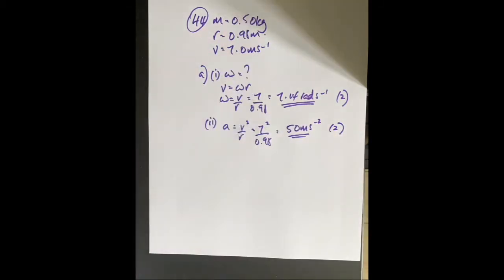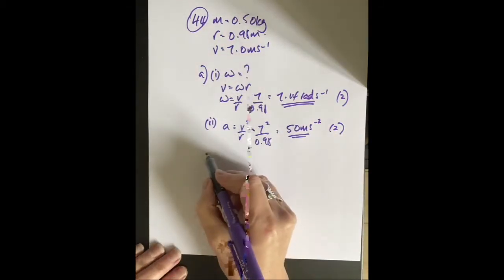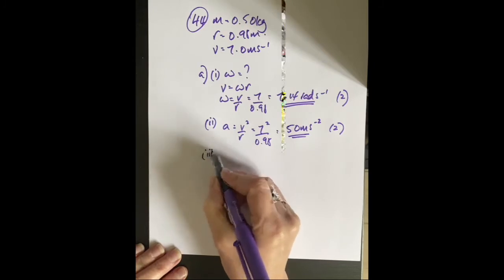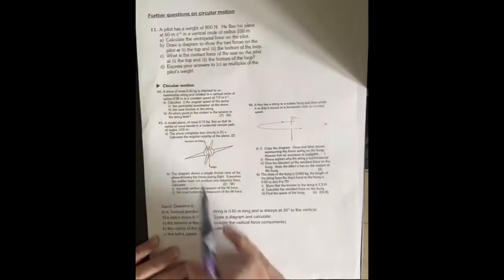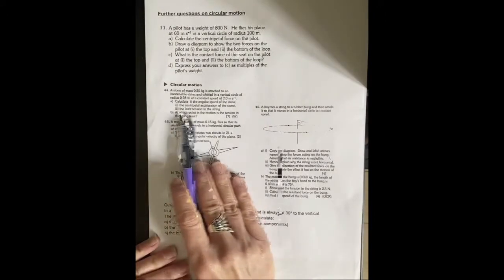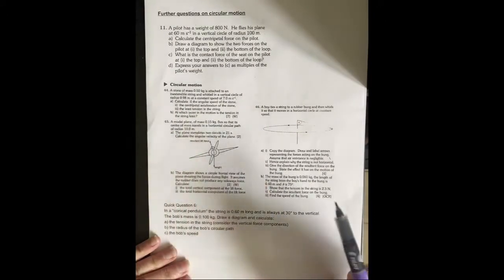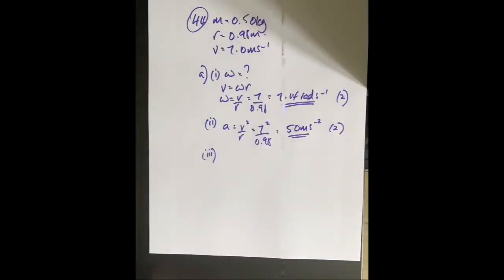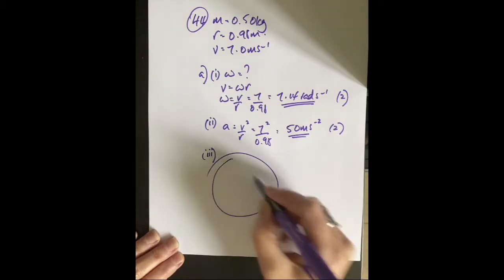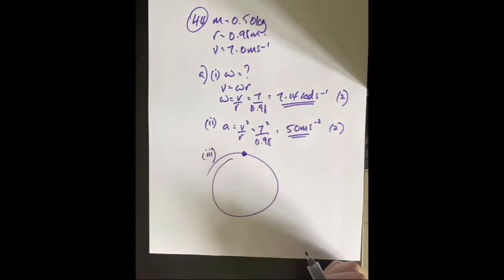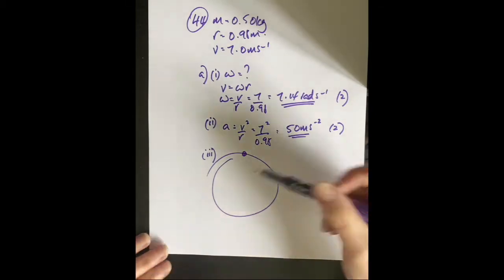All right. And then third part of A is the least tension in the string. Right, so for this one, there's a little bit more work here. For this one, we're going to need a diagram. Stone at the top is where the tension is least.